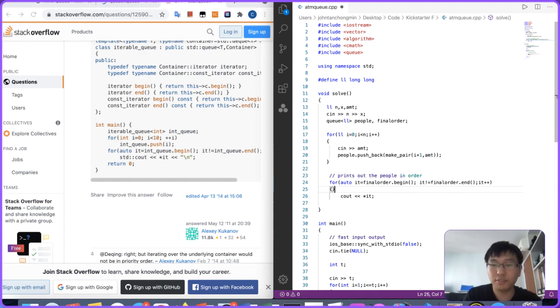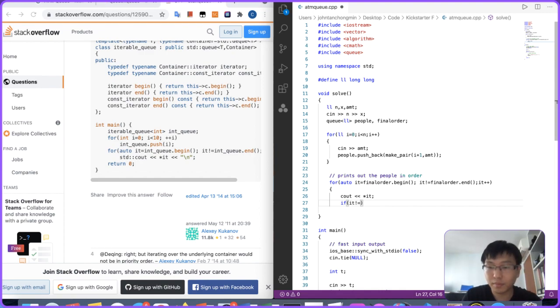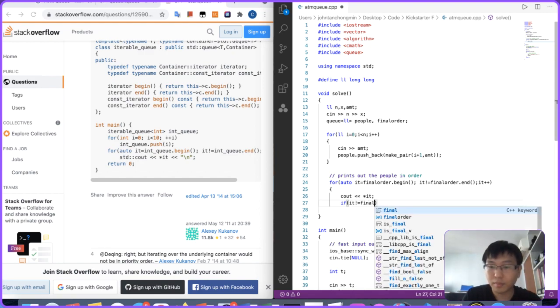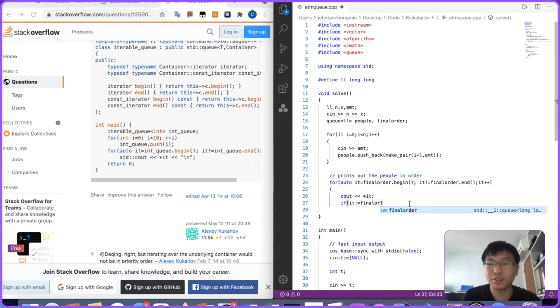Okay. So if it is not the end. So I cannot do a -1 over here. So it's kind of tough here to not print out the space.